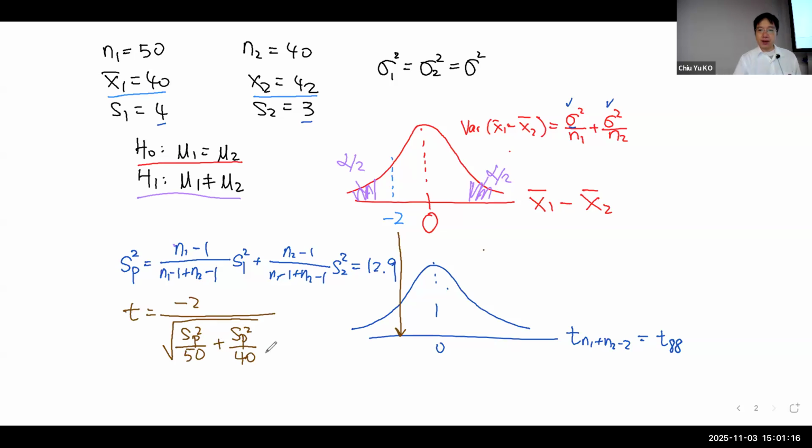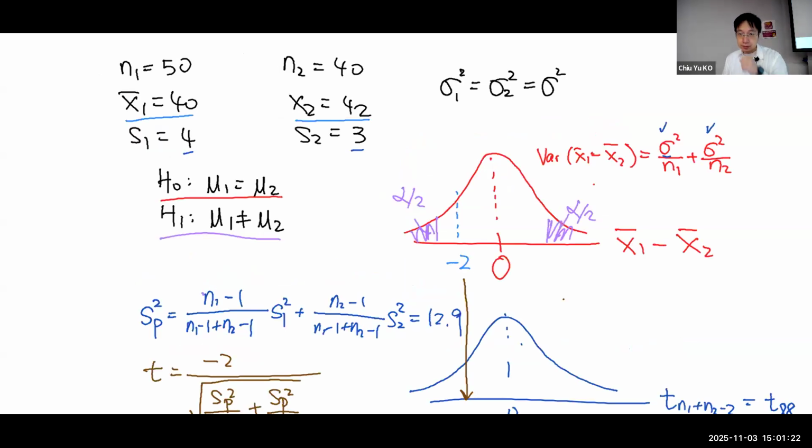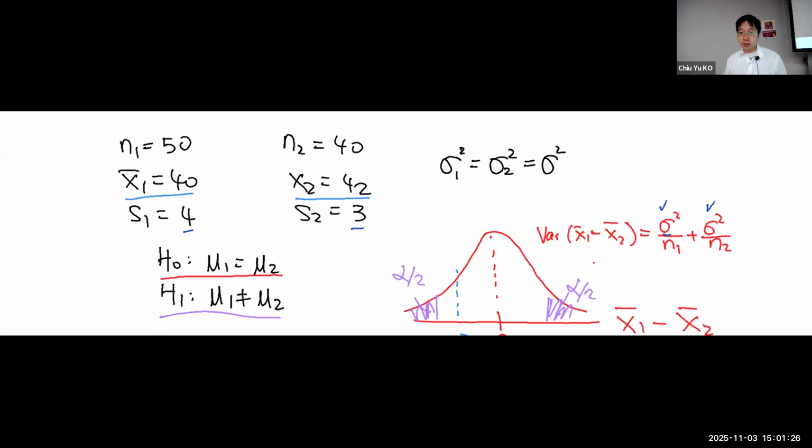And SP is what we just figured out. And this answer is negative 2.6.